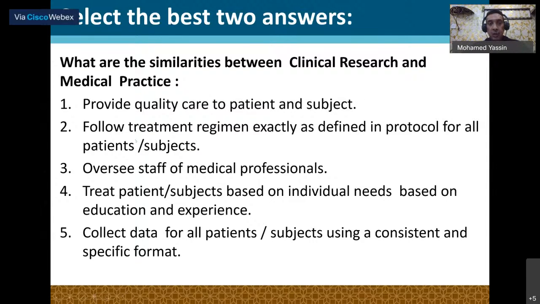Number 2, follow treatment regimen exactly as defined in protocol for all patient subjects. Number 3, oversee staff of medical professionals. Number 4, treat patient subject based on individual needs, based on education and experience. Number 5, collect data for all patients subjects using a consistent and specific format.